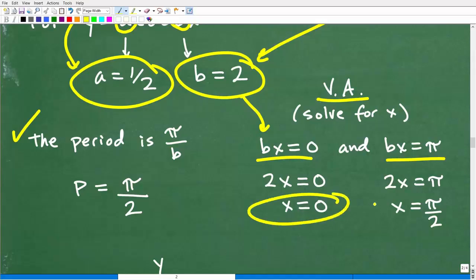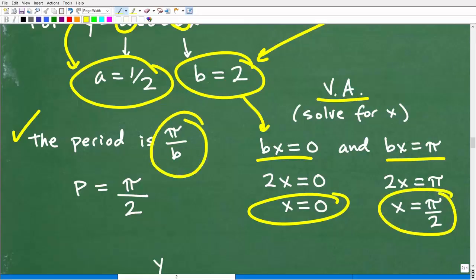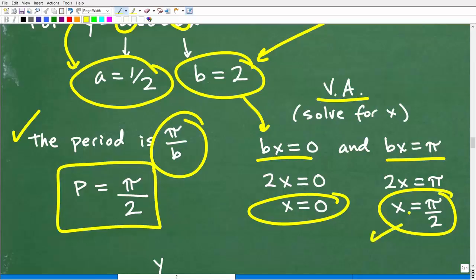That's easy. x is equal to 0. And 2x is equal to pi, so x is equal to pi over 2. Okay, and the period is pi over b for cotangent. So b is 2, so the period is pi over 2. And that kind of makes sense too, because our vertical asymptote over here is pi over 2.